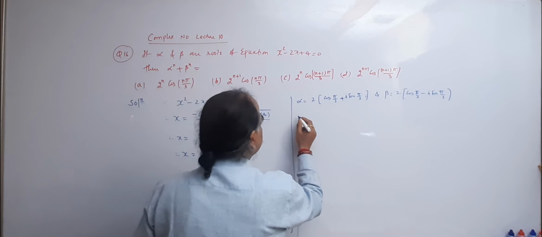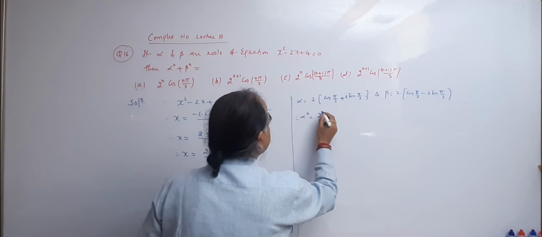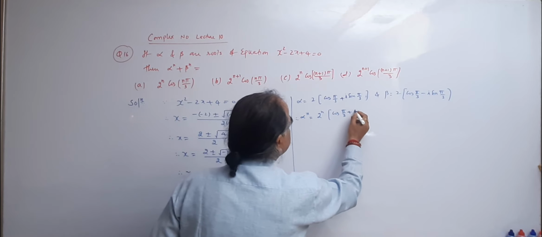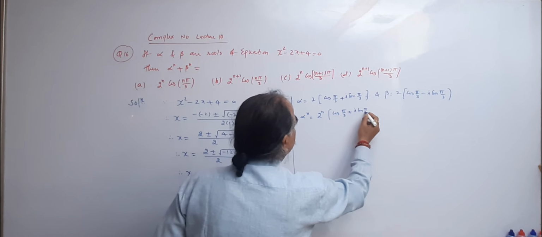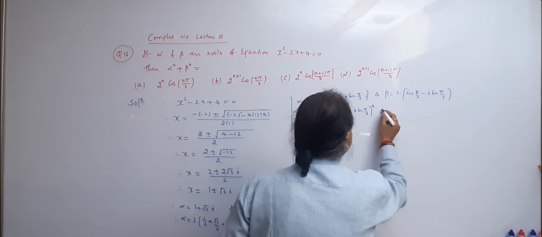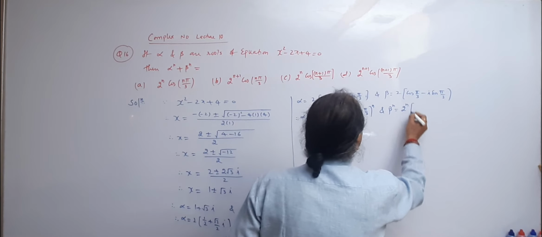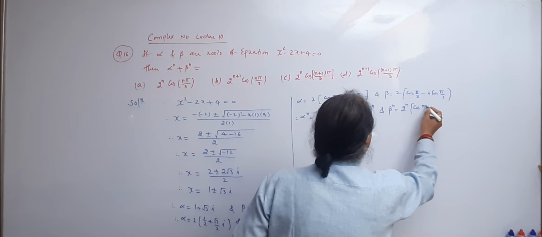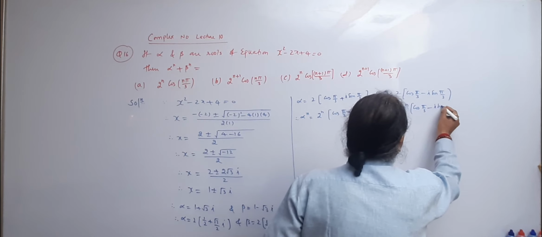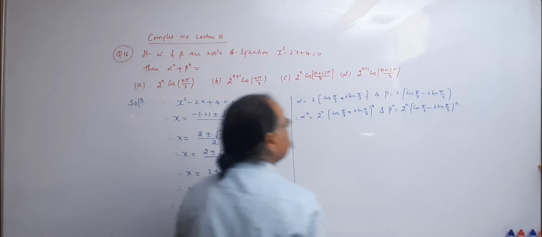So alpha raised to n will become 2 raised to n into (cos pi by 3 plus i sin pi by 3) raised to n, and beta raised to n is 2 raised to n into (cos pi by 3 minus i sin pi by 3) raised to n.